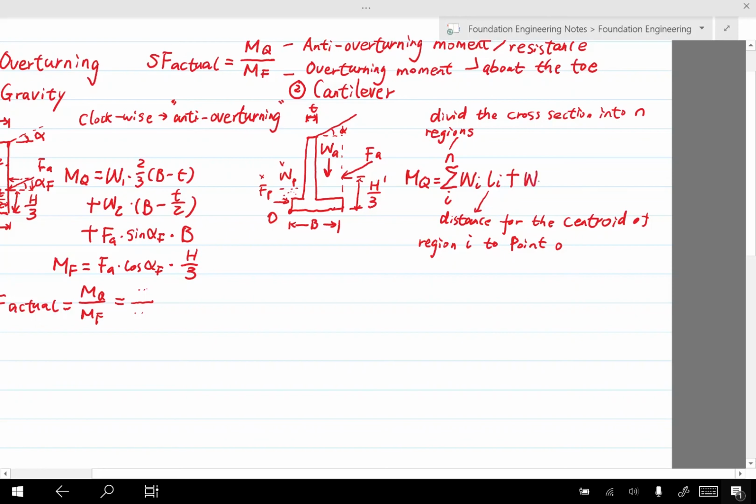That's WA times LA. LA can also be obtained based on the geometric relationships. We know that it should be at the center of this one, and the distance from here to here can be calculated depending on the geometry.